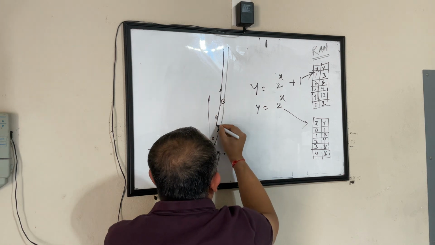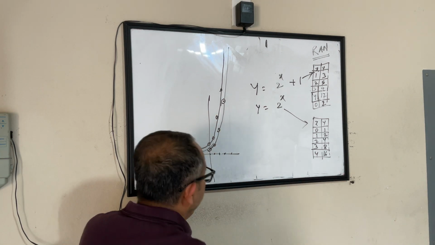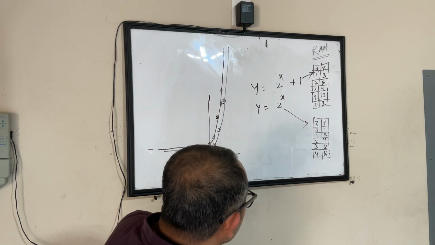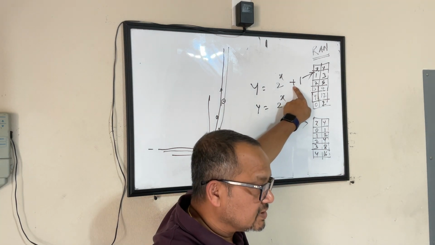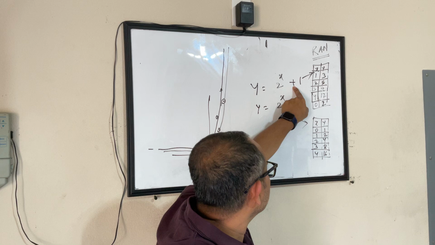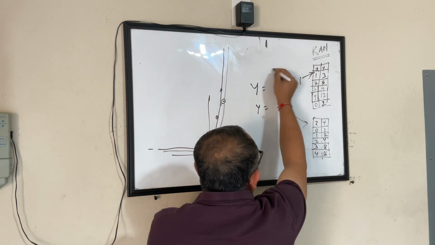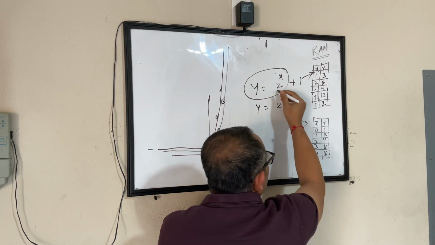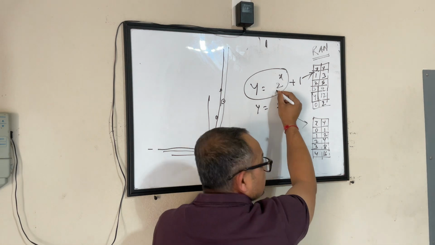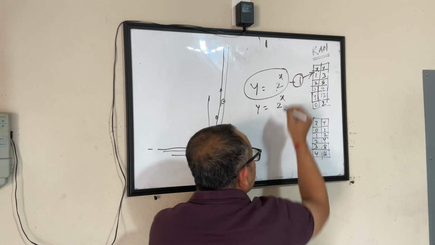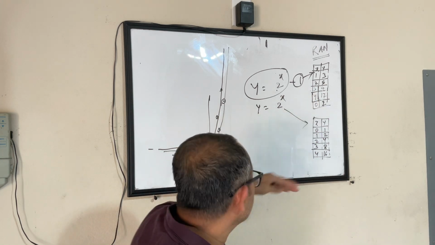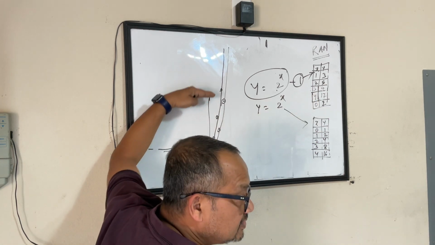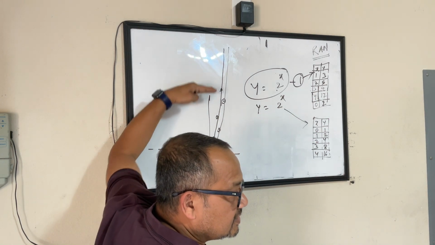What I'm trying to depict is this: when you have a constant added, what is happening? You can see that when this is 0, you're still starting one point above. So this constant helps you shift your function up or down.